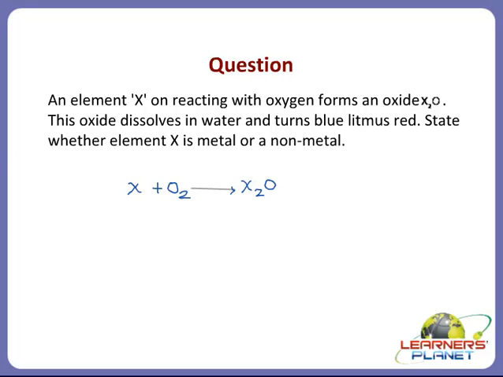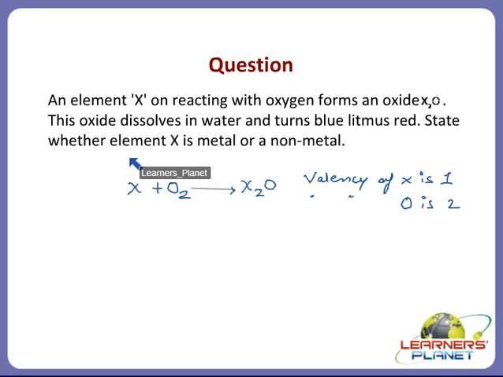What does this mean? The valency of X is 1, and the valency of O is 2, of course. Our next point is, this oxide dissolves in water and turns blue litmus red.